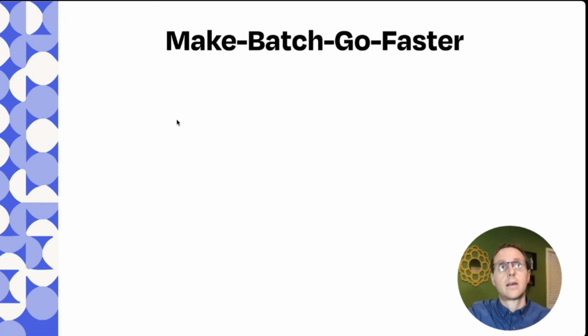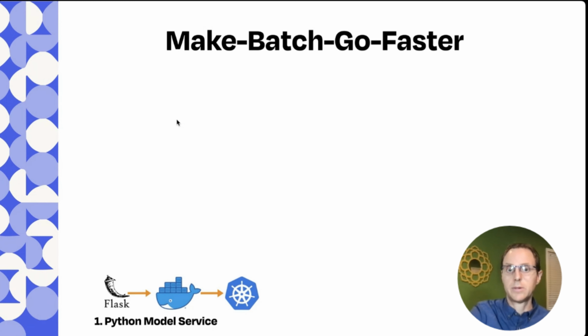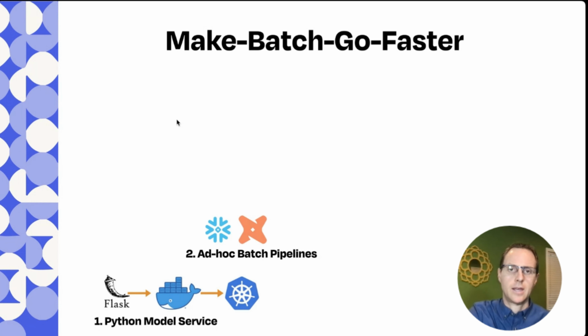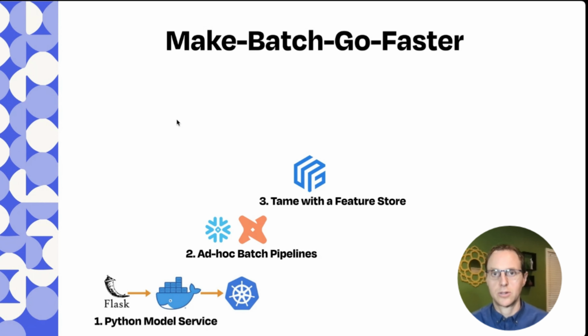So when you look at the evolution of a platform within a team evolving in this way, typically it starts with a model service, right? Maybe they just stand up a service in Python, Kubernetes. And then when you need batch features, you add in some ad hoc pipelines that, after a while, maybe turn into a bit of a spaghetti code mess. And so you tame it with a feature store to share features between models.